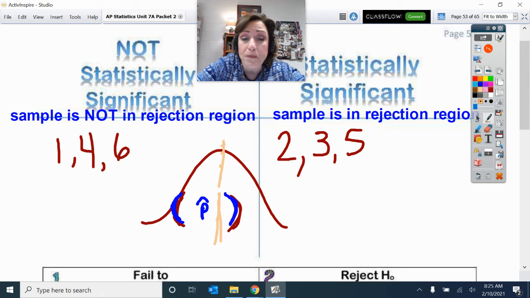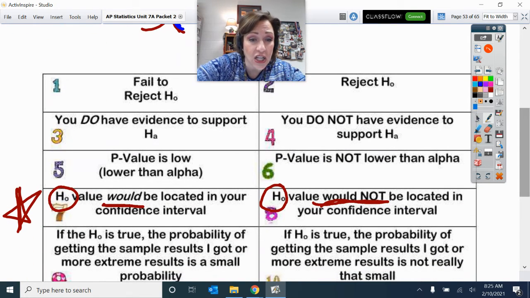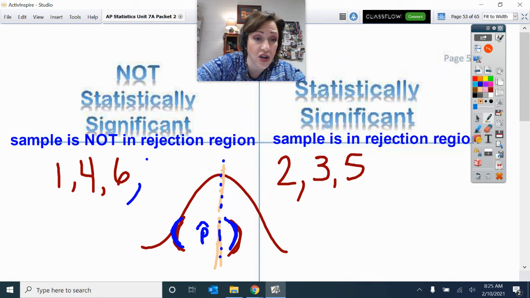So obviously this sample was close enough to the null hypothesis that the null hypothesis is within my margin of error. That situation is one where I would not reject the null hypothesis, because the null hypothesis is in my interval.